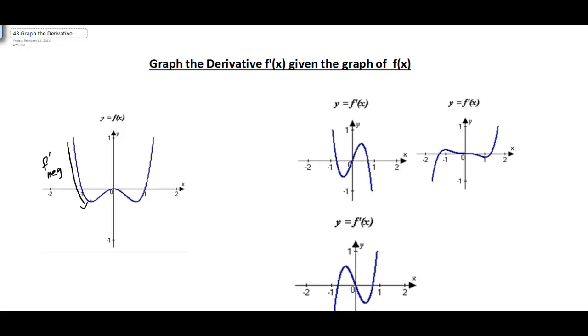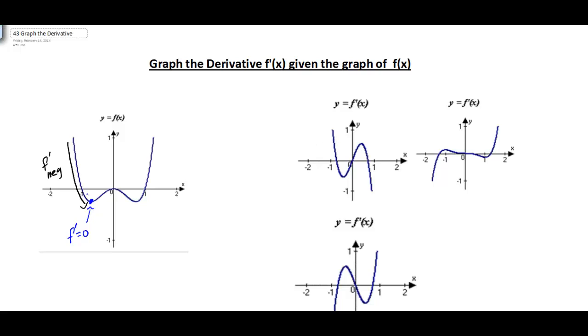And then at this point here, what happens? Here we're going to have a horizontal tangent line, so at this point our derivative is going to be equal to 0. Before we go any further, let's go over here to the right and see what we can determine.